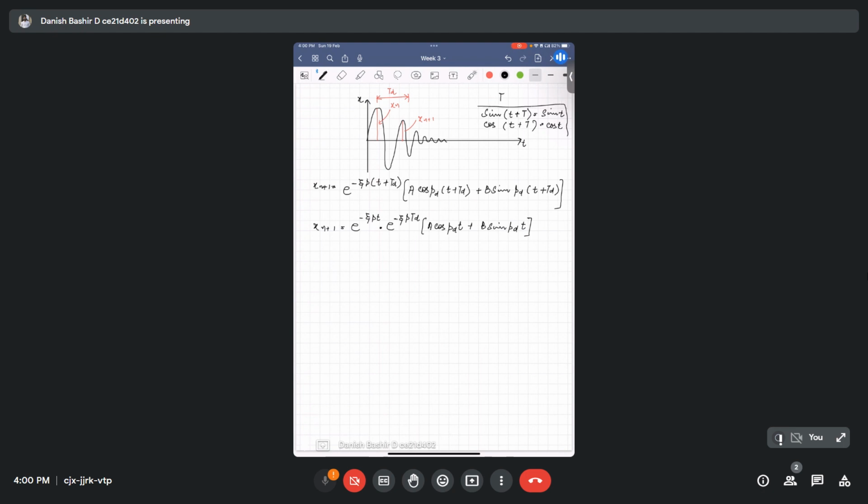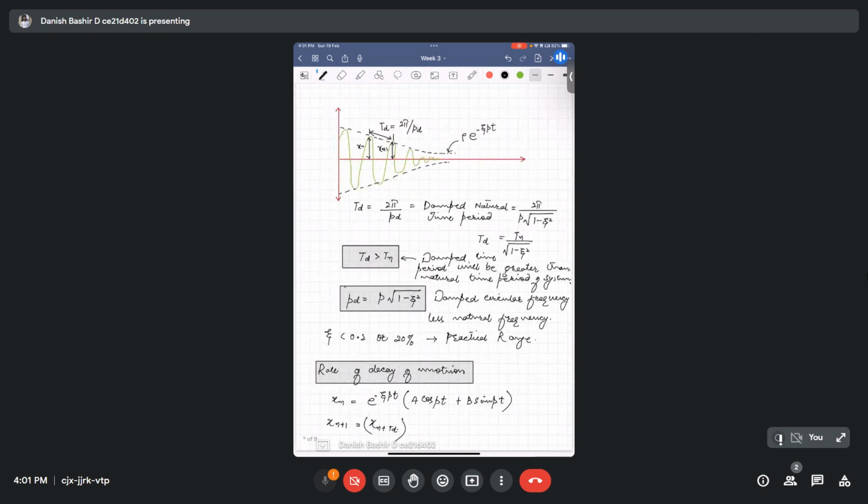So we divide x of n plus 1 by x of n. Look, what is x of n? x of n is a cos pdt plus b sin pdt times e power minus theta pt.